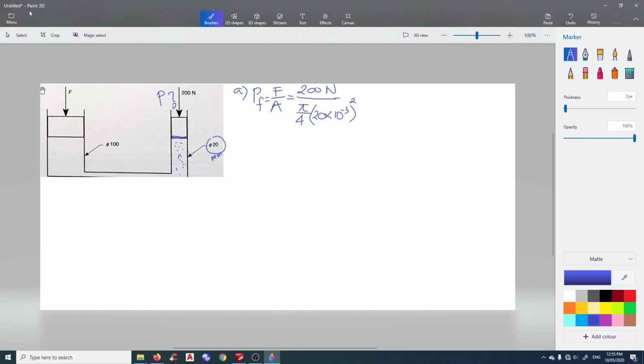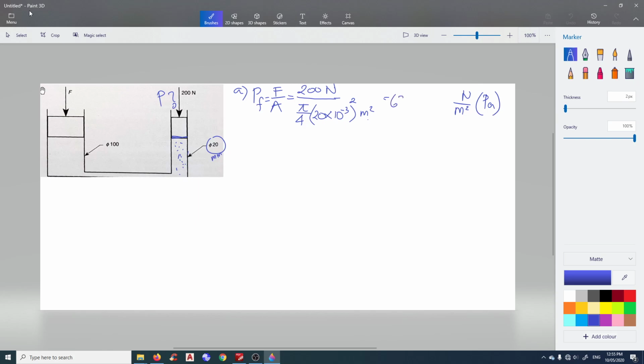So that makes it meter squared. Newton per meter squared is the unit for pressure, or in another word, Newton per meter squared is actually Pascal. That's why it's called Pascal's principle. So we put our numbers in here.